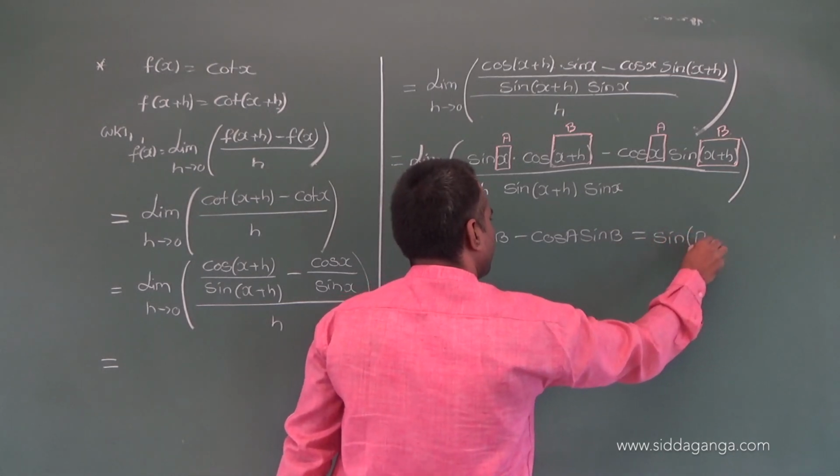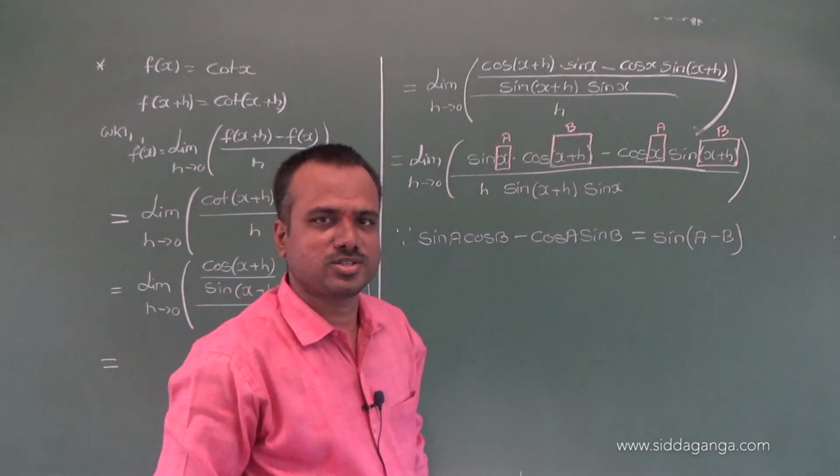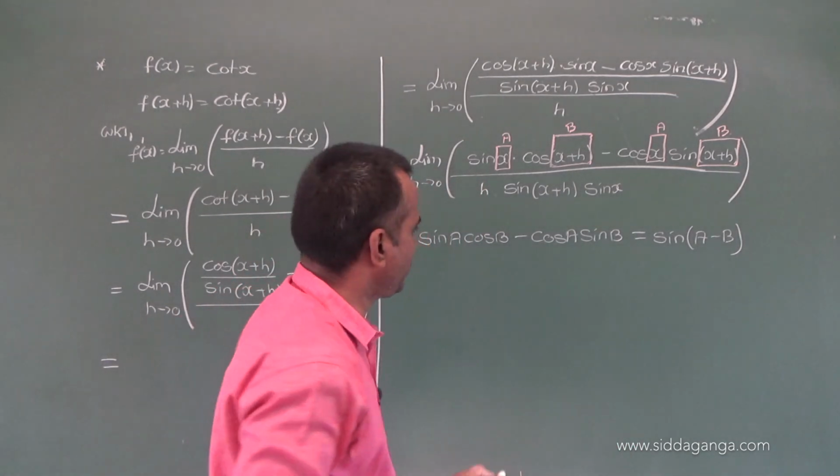Sin of A minus B. Correct? Sin of A minus B.